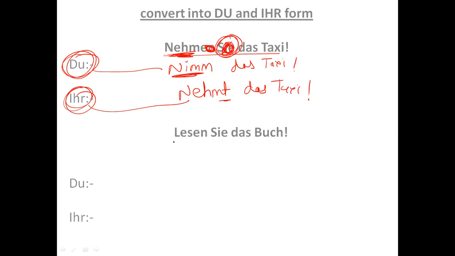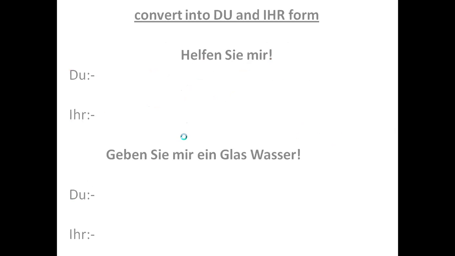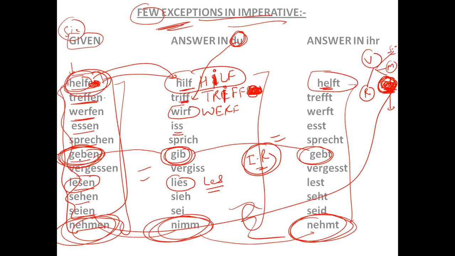Here it says lesen Sie das Buch, read this book, read the book. If I need to change into du, since again lesen belongs to irregular verb, see here, lesen is here, right?